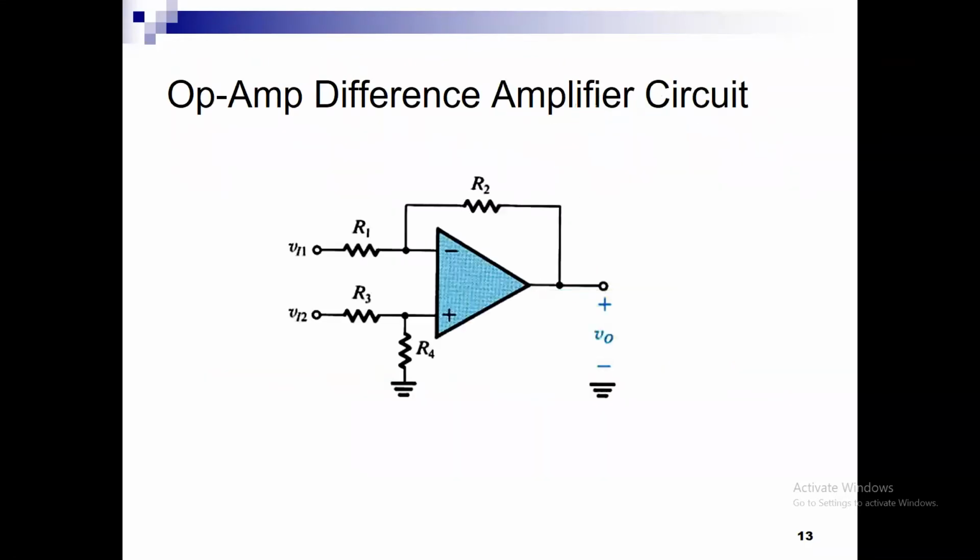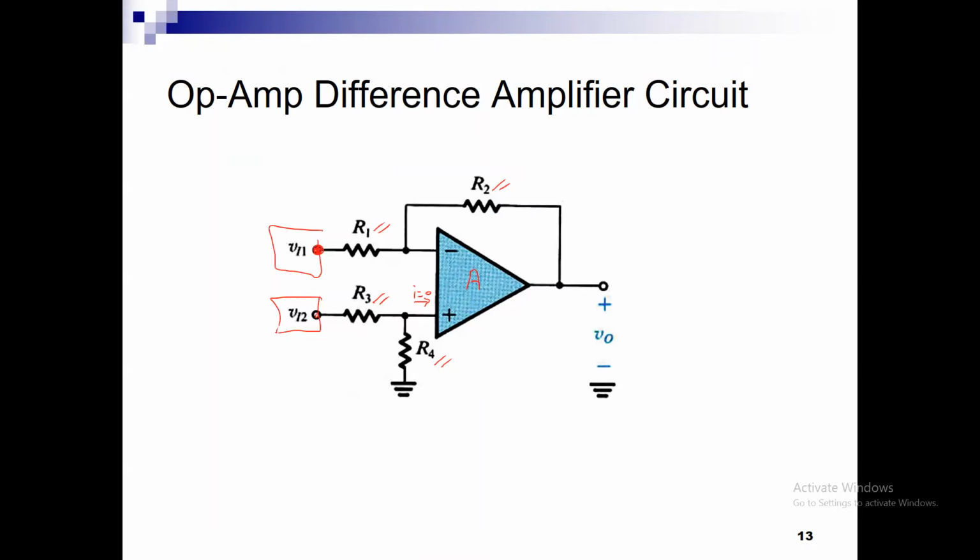Let me look at this circuit here. I have the basic amplifier block which has inside it the open loop gain A, and I have applied feedback resistors R2 and R1 here, and a voltage divider circuit, R3 and R4, where we note that the current is 0. At this pin I connected input 1, and at this pin I connected input 2.